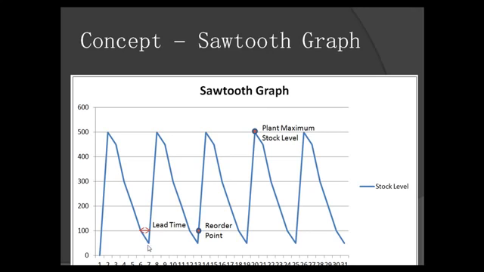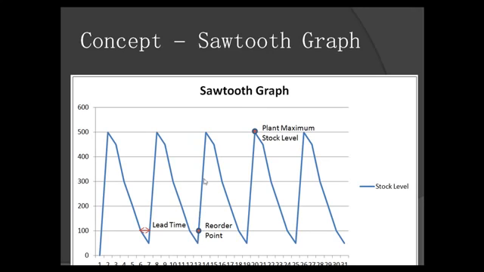So it happens here in this day, and your stock level reaches again the plant maximum stock level. In this case 500, and life goes on. So it is a routine.